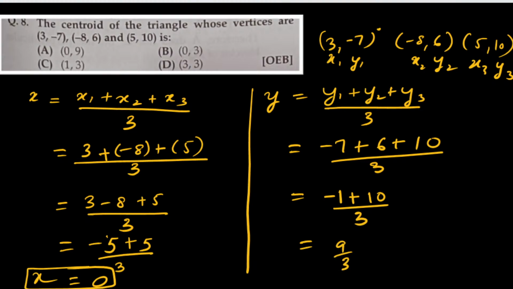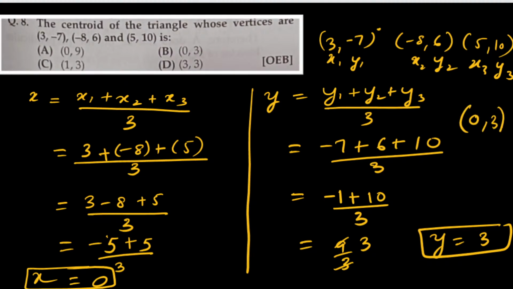So 9 by 3 is equal to 3. So y is equal to 3. So the coordinates will be 0, comma 3. Which option? 0, 3 is option B. Yes, so option B is the correct answer. Let's do the next question now. Question number 9.